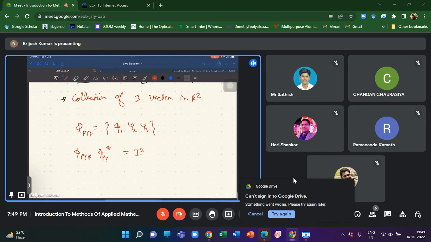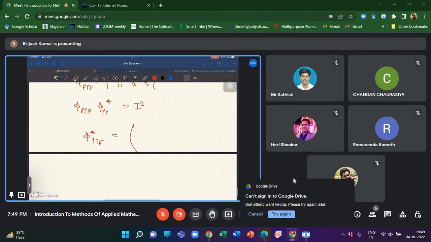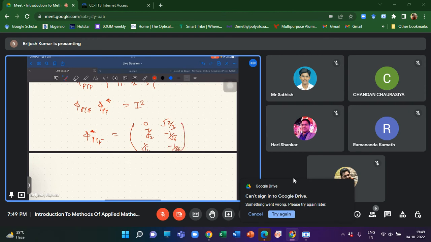So phi PTF star will have 0, root 2 by 3, minus 1 by root 2 and minus 1 by root 6, 1 by root 2 and minus 1 by root 6.